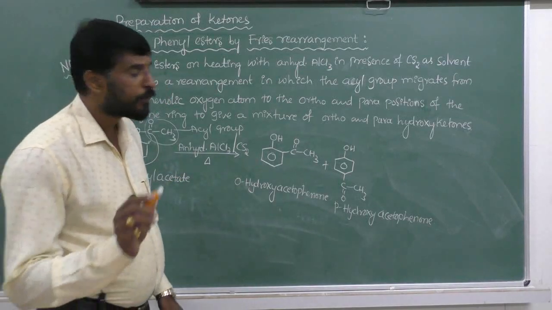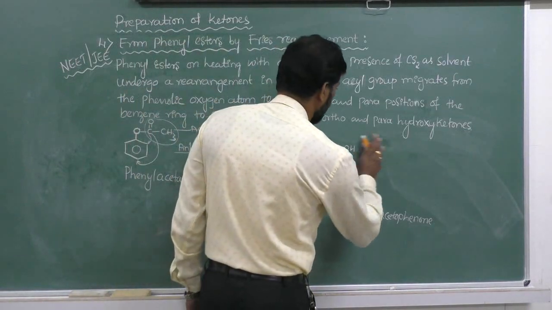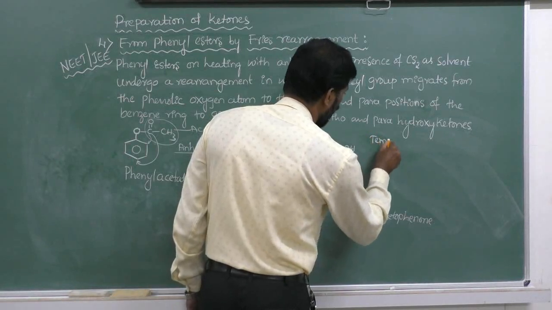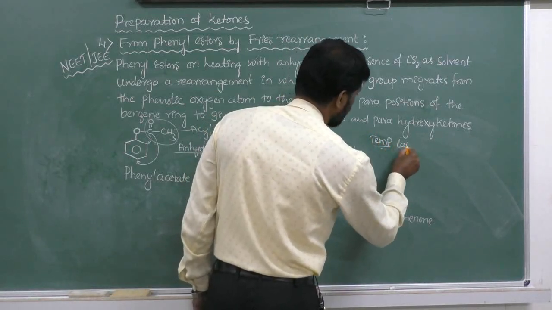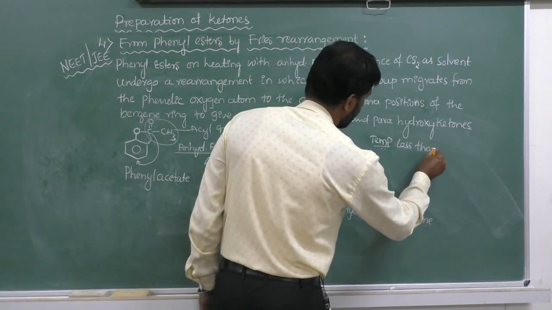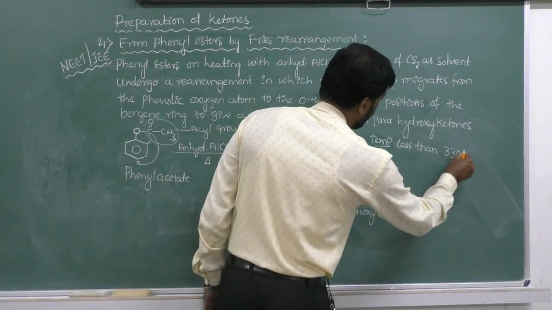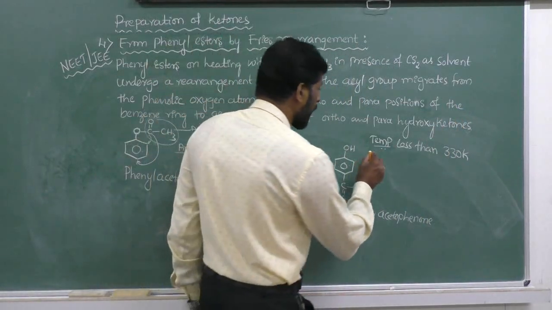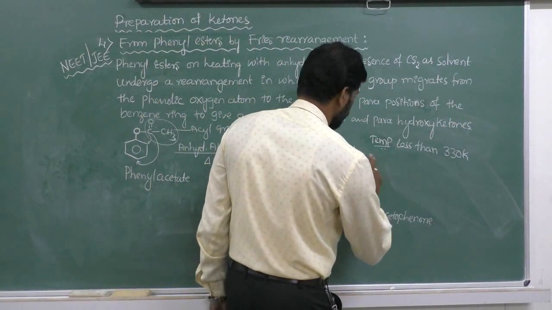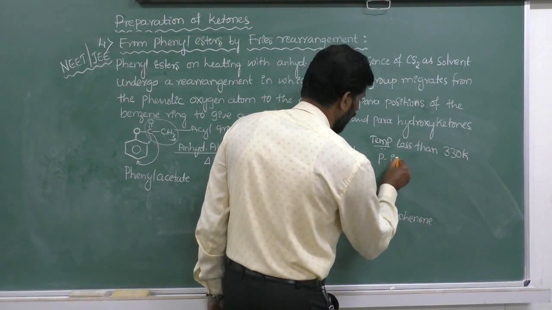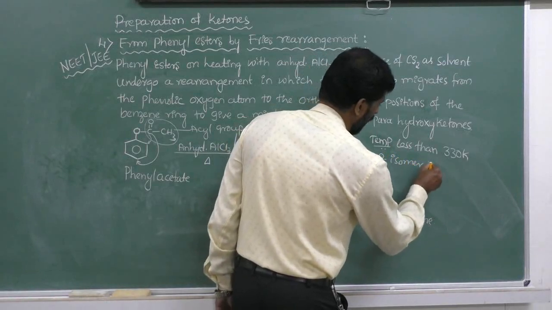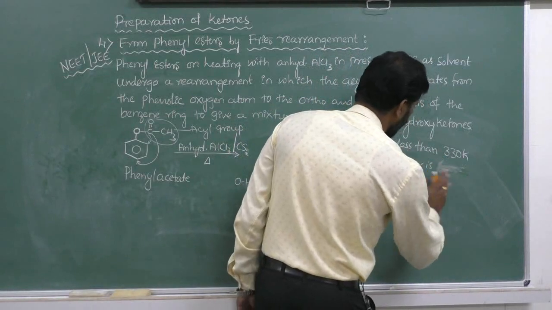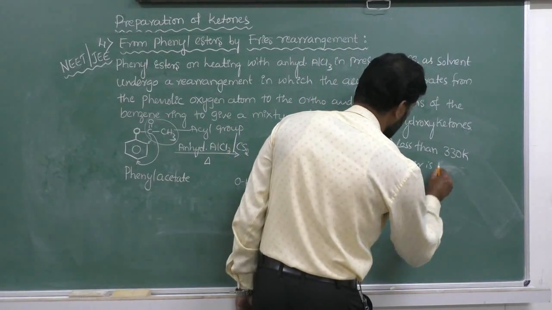Please remember, if the temperature is less than 330 Kelvin, the para isomer is formed, or the para isomer is predominantly formed.